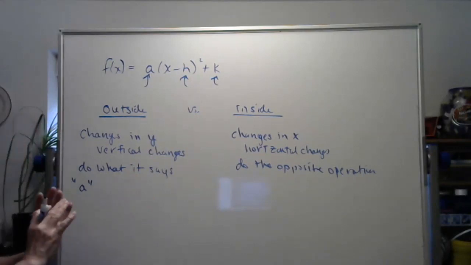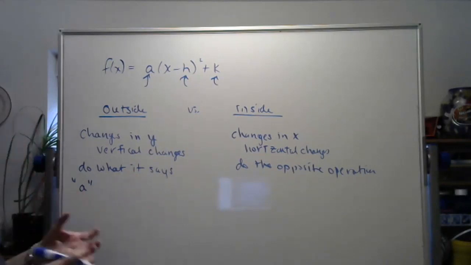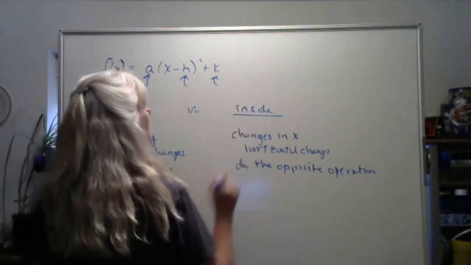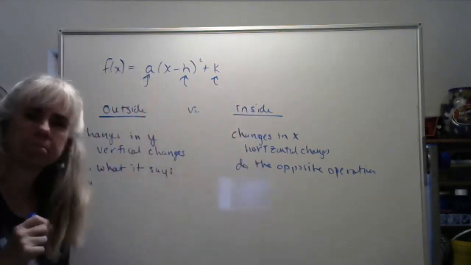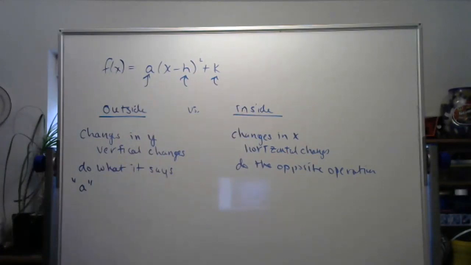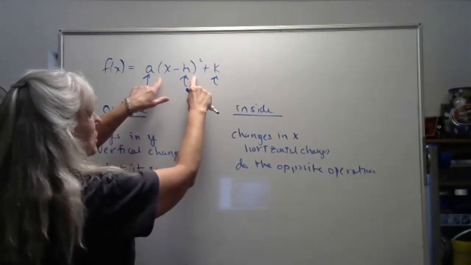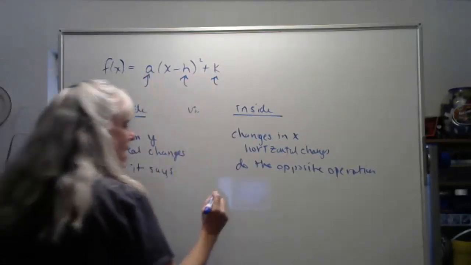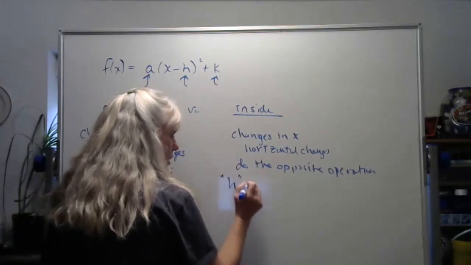So the question to yourself, is it inside the squaring or is it outside of the squaring? What do you think? Because it's inside those parentheses, we're going to consider the h to be inside.